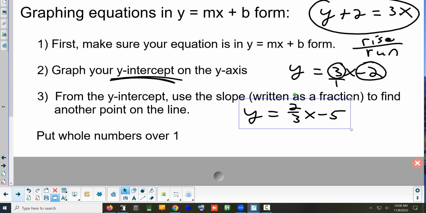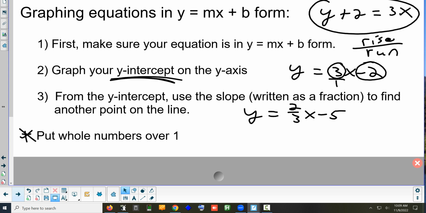So there's no spot for that on your guided notes, but you may want to write it down right below line 3 if you don't remember that. You can always take a number and put it over 1, and that makes it a fraction. But only if you need to. It might already be over a certain number, like this one's already over 3, so it's fine, it's a fraction.